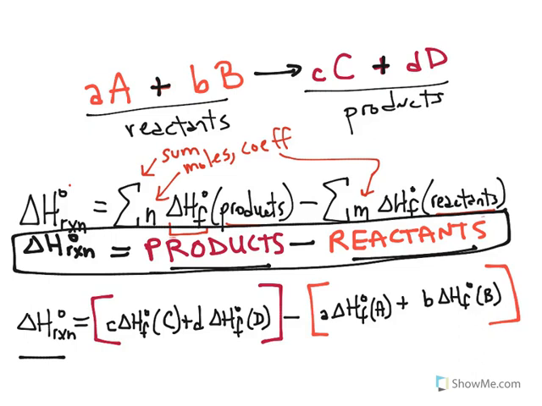You're going to do the product side first. You multiply the coefficient of a product times the standard heat of formation of that substance.